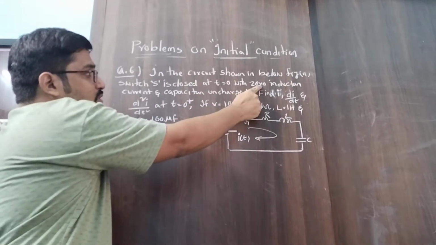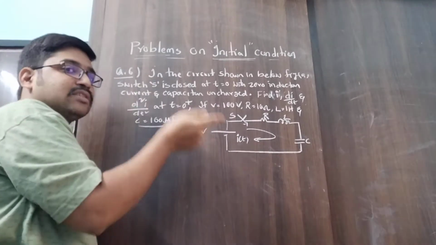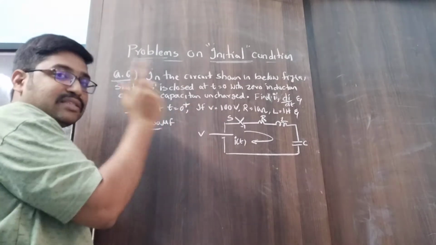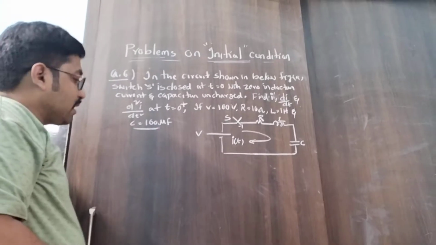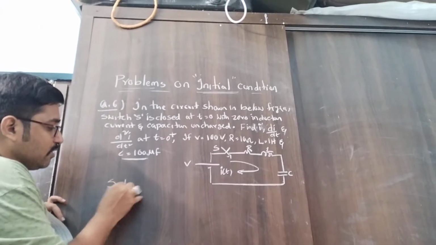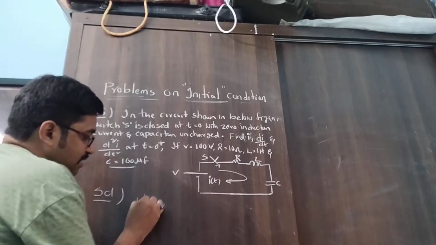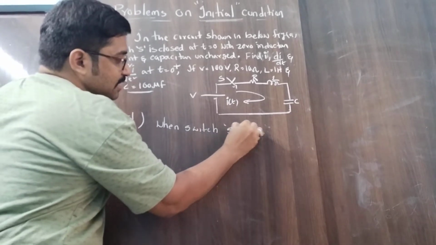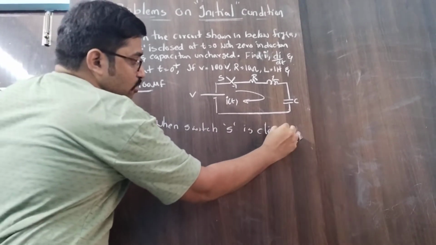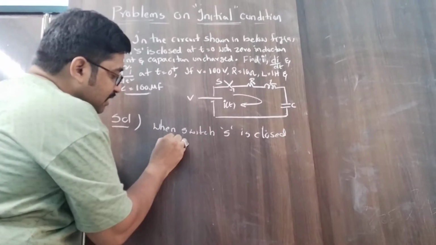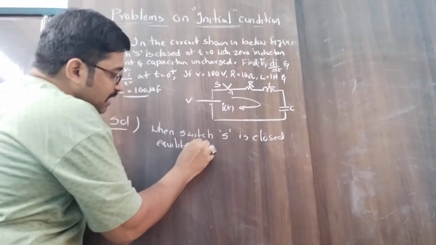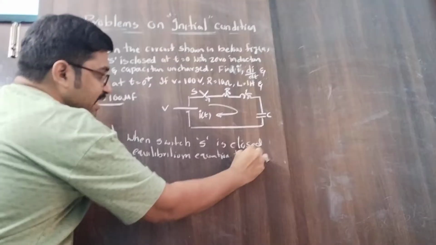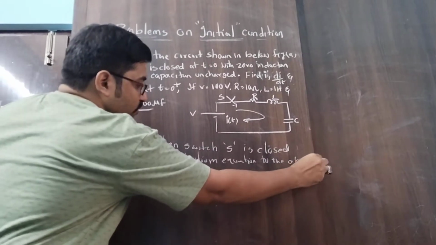So t equal to 0 minus, just before closing the switch, no current flows through the inductor and the capacitor is completely uncharged. Now the solution for this. When switch S is closed, what is the equilibrium equation for figure A?